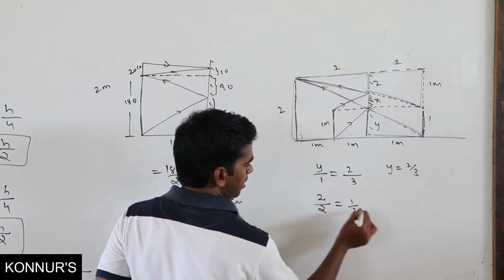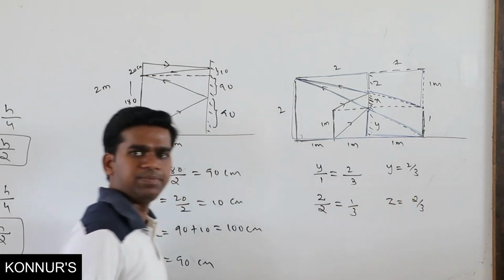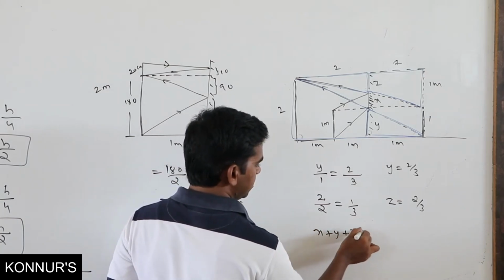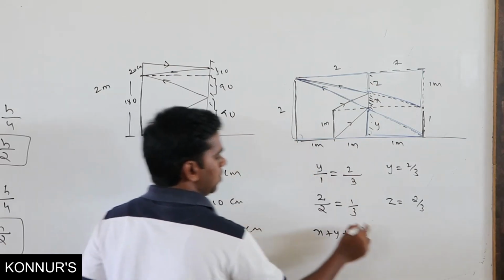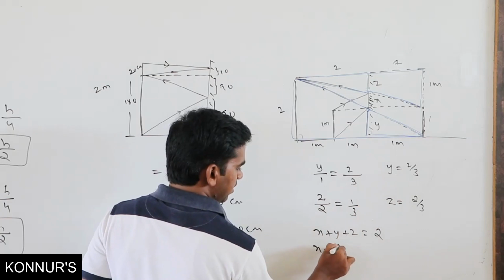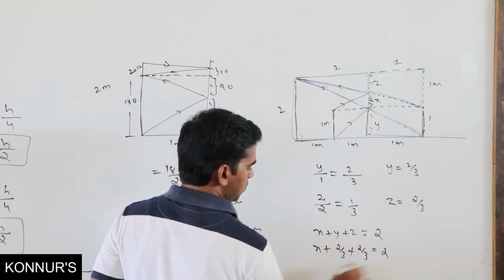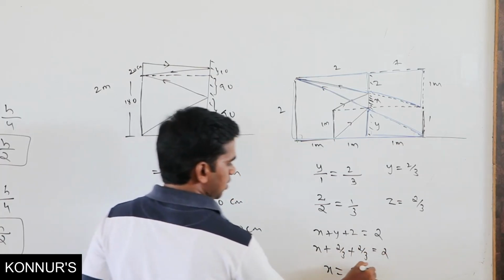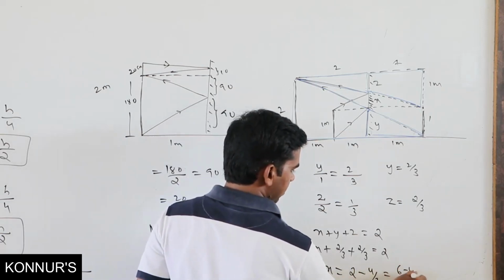So z by 2 equals 1 by 3, so z is equal to 2 by 3. So we want x: x plus y plus z, total is equal to 2 meters. So x plus 2 by 3 plus 2 by 3 equals 2. So x equals 2 minus 4 by 3, so that is 6 minus 4 by 3.